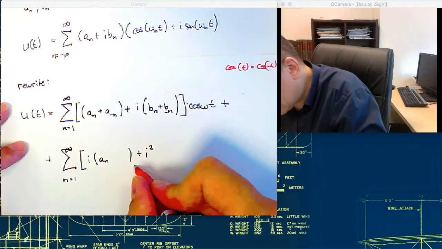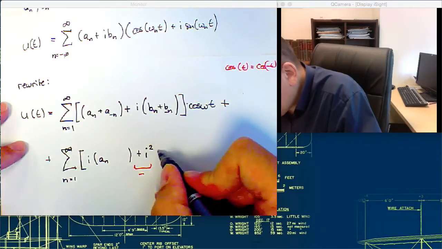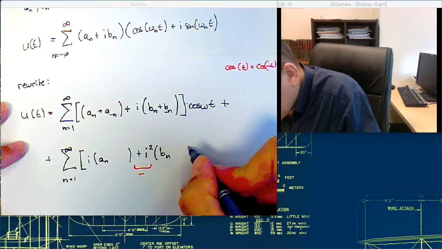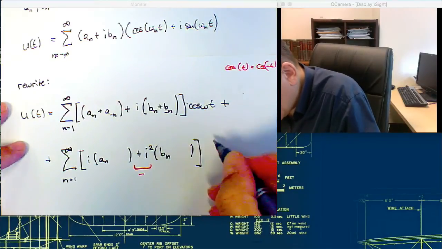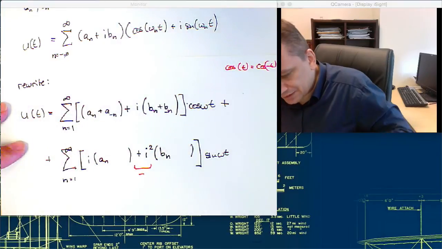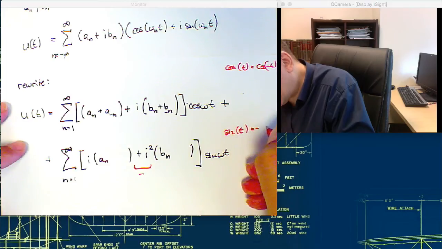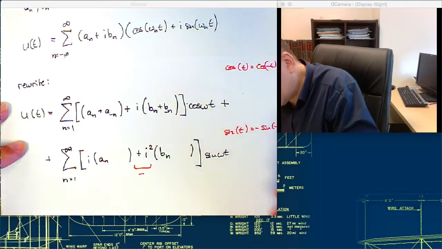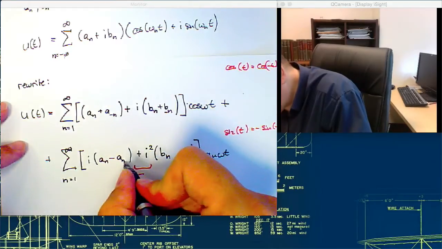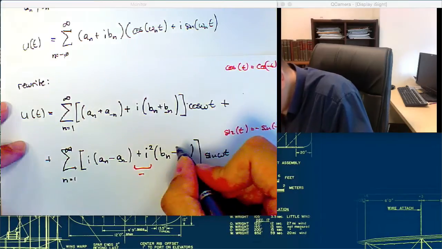So this one becomes minus over there. Just a second. And we have here bn, again some space, sine omega t. So in this sense, sine t is equal to minus sine of minus t. I need to keep the minus over here. So that's an minus a minus n, minus b minus n.